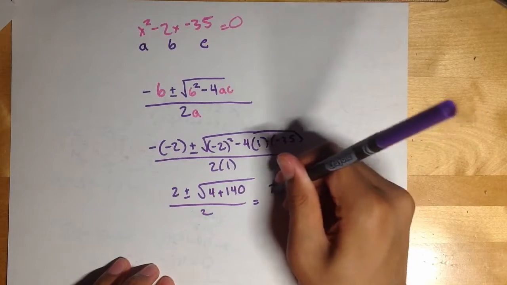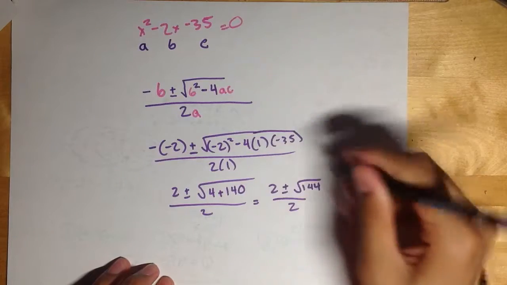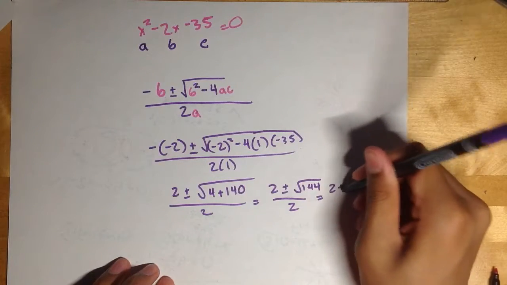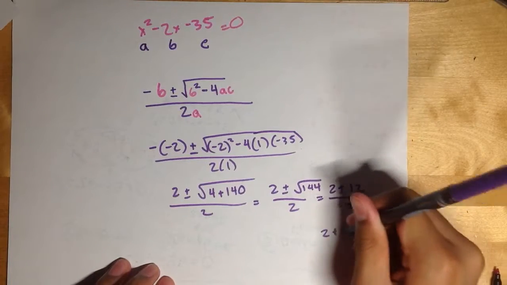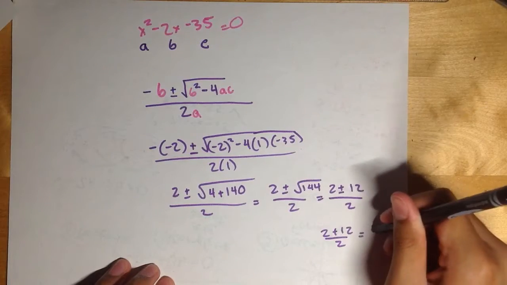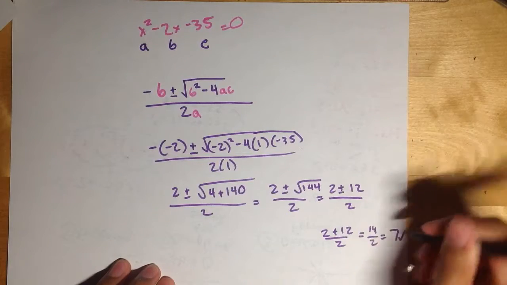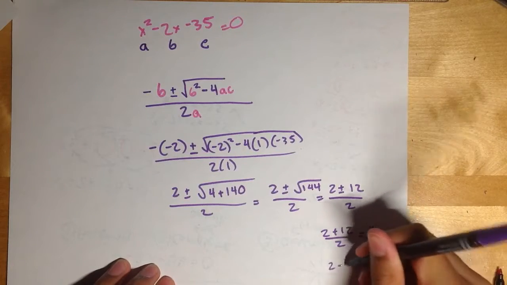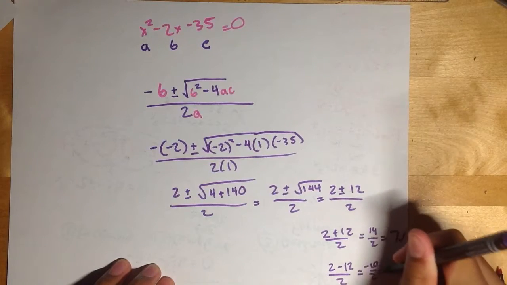That's 2 plus or minus the square root of 144 over 2, which is 2 plus or minus 12 over 2. So 2 plus 12 over 2 equals 14 over 2 equals 7. 2 minus 12 over 2 equals negative 10 over 2 equals negative 5.